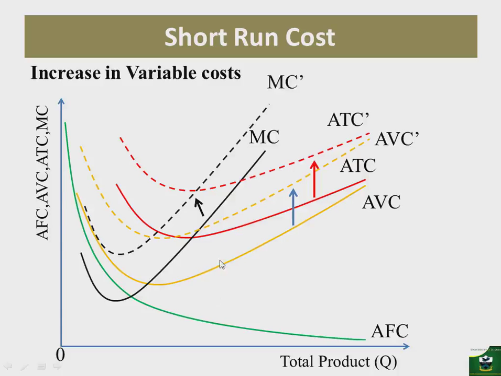Therefore, it should be noted that the new dotted lines are similar to the old ones that we had, and that the theory should still hold that the marginal cost curve should cut the average variable cost curve and the average total cost curve from the bottom, and that when the marginal cost curve is below the average variable cost curve, it must be dropping, and when the marginal cost curve is above the average variable cost curve, the average variable cost curve should be rising, and so is the situation with the average total cost curve.